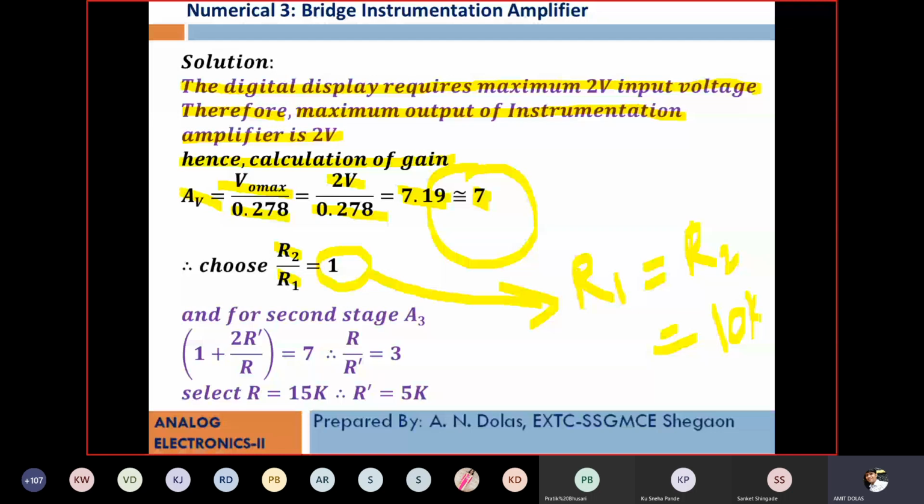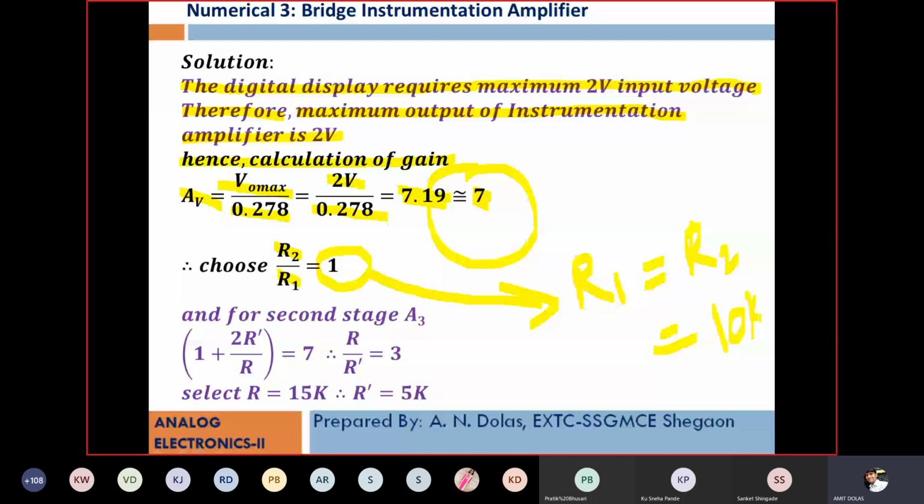we have the formula, 1 plus twice R dash upon R will be equal to 7, because R2 by R1 is 1 now. So there will be only R and R dash in the picture. So 1 plus twice R dash upon R will be equal to 7.